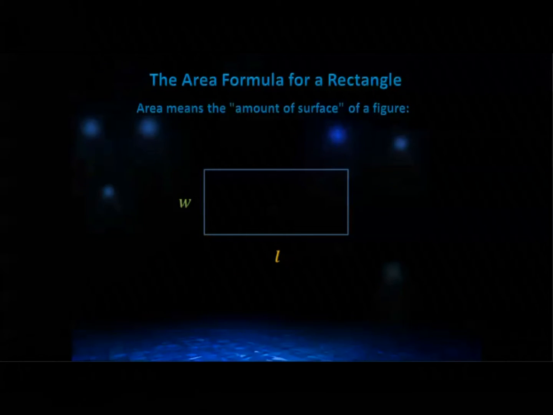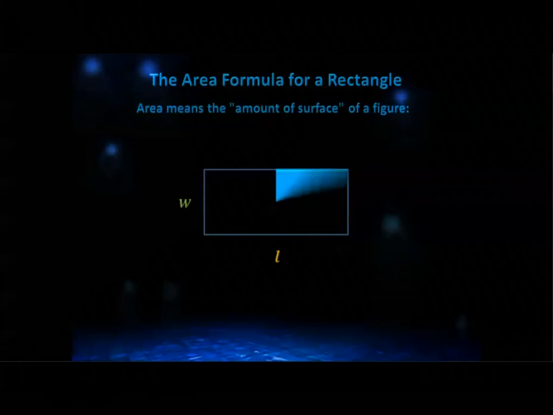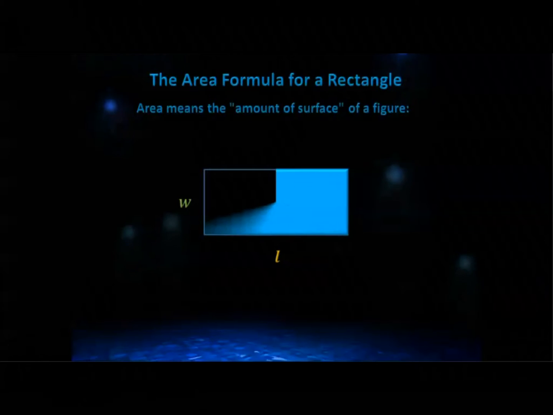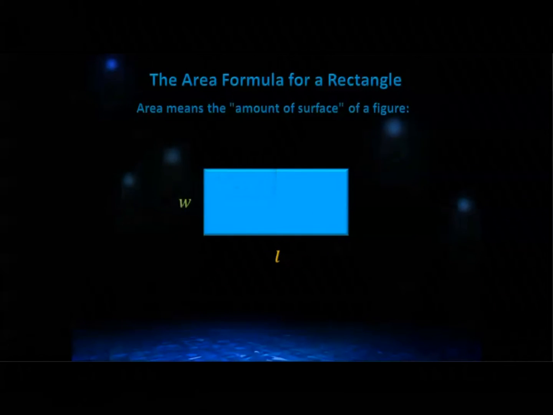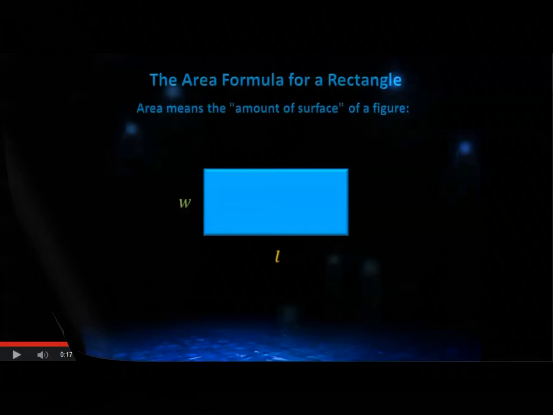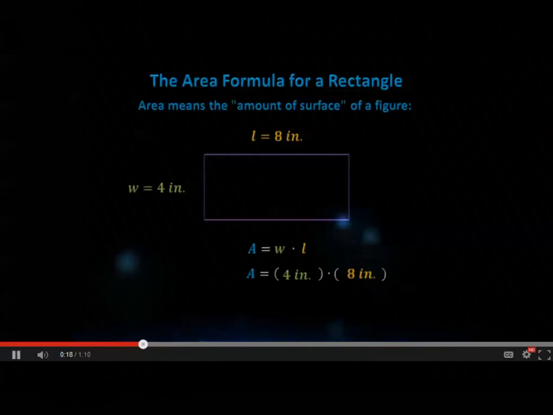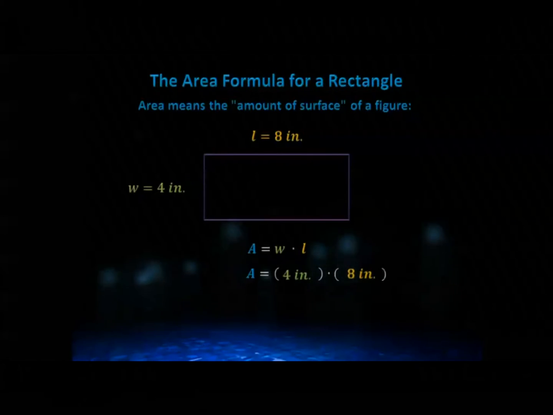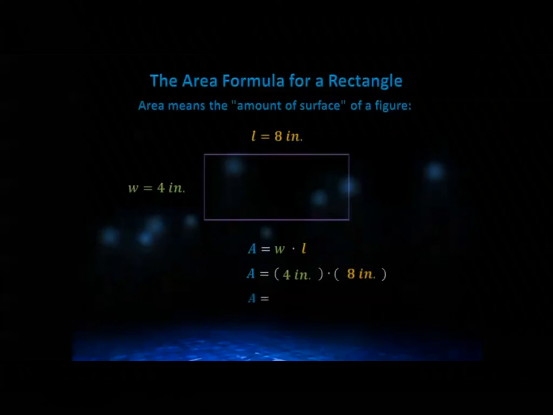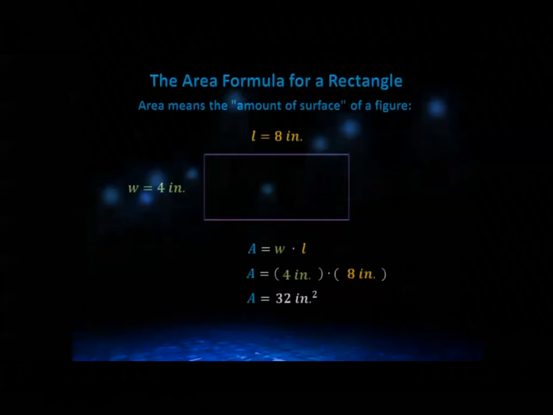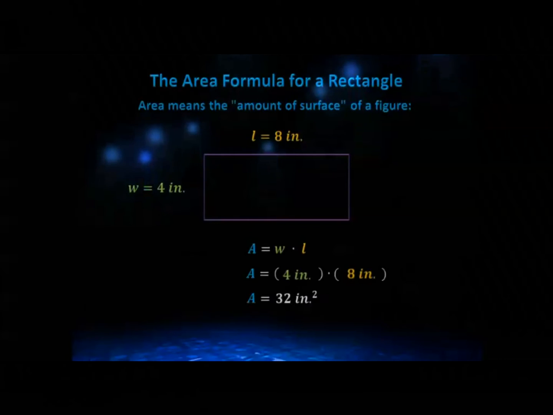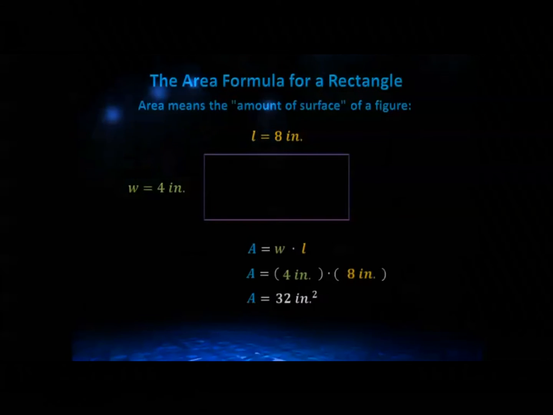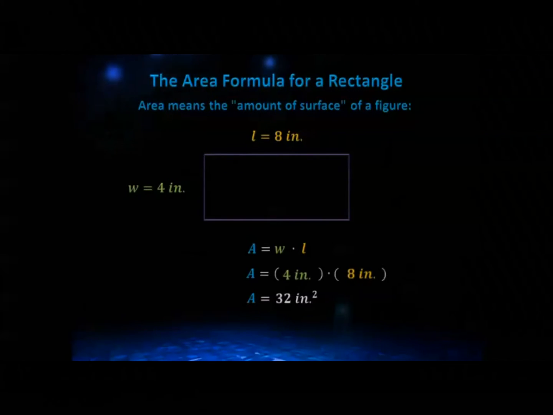The area is the amount of flat surface inside the figure. 4x times 8x would be 32x squared. When we multiply 4 inches times 8 inches, we have 32 inches squared.